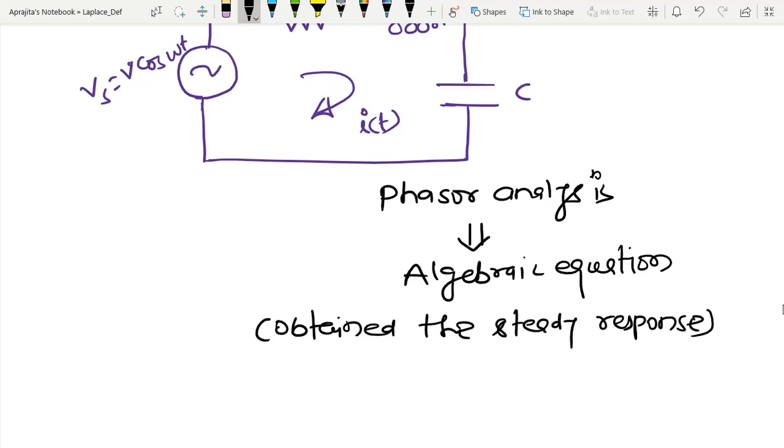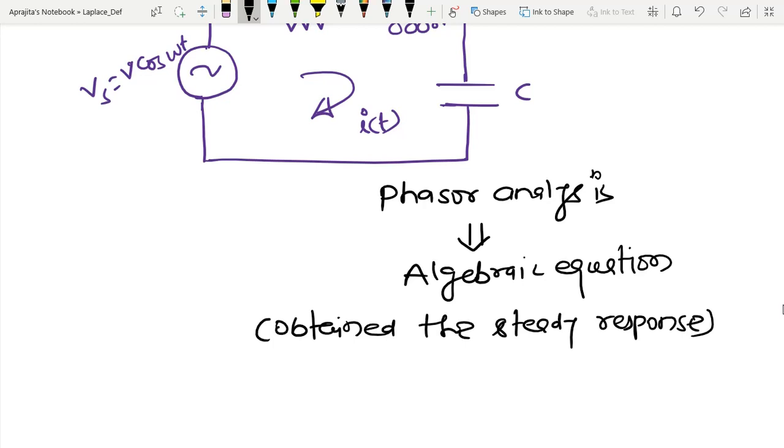So in order to do that, particularly for the solution, we now introduce the powerful method of Laplace transform, and the main idea of Laplace transform is turning a differential equation into an algebraic equation.